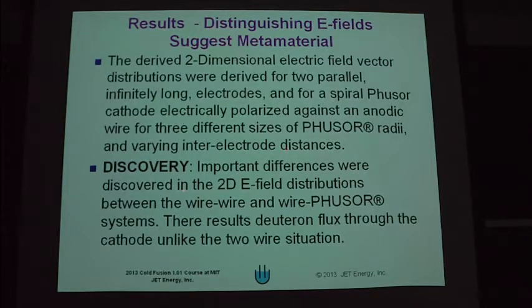And what we discovered was there are major electric field differences in the distribution between the wire-wire systems. Peter was describing the Fleischmann-Pons system, where you have the cathode in the center and the anode going around it symmetrically. But it turns out you also get symmetries that shut it off just with two wires.